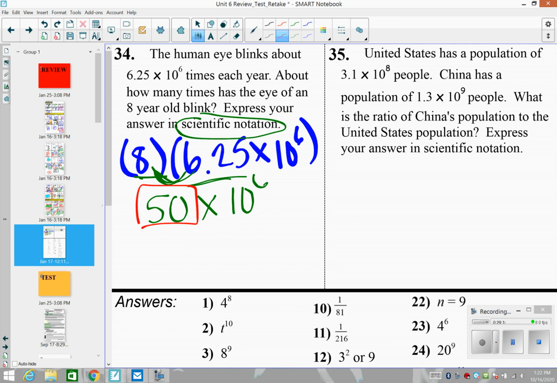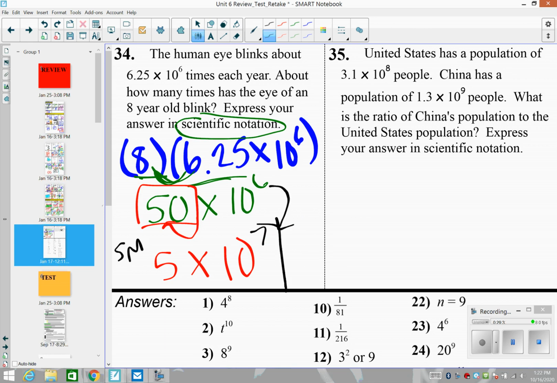So we're going to move the decimal and make sure it fits in the bank. Now it fits in the bank. If we make the coefficient, the number out front, smaller, we have to do the opposite with the exponent and make it bigger. So my final answer is 5 times 10 to the 7th. Cool.